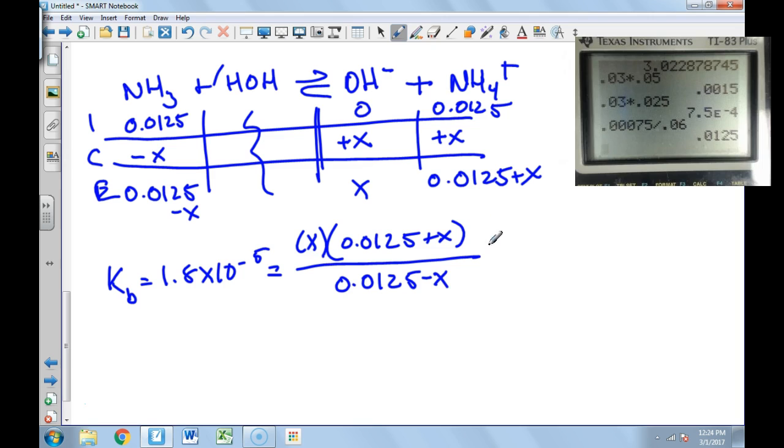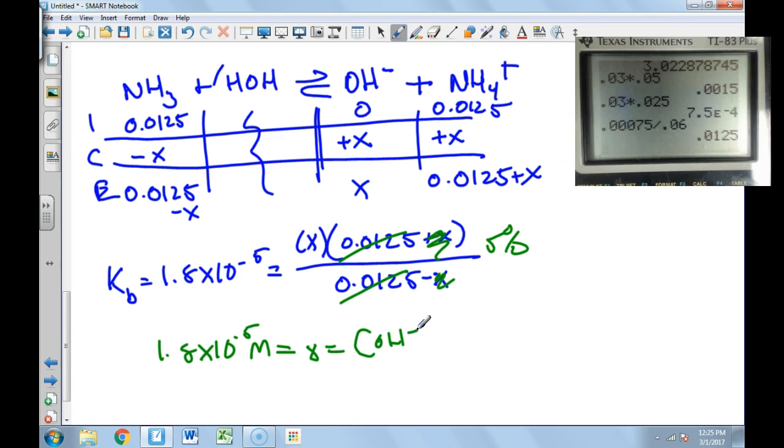And so now, in a different color, these two things cancel out because of the 5% rule. And so now we have these two things are equal to 1, so we get x equals 1.8 times 10 to the minus 5 molar, which is also equal to the concentration of the hydroxide ion.